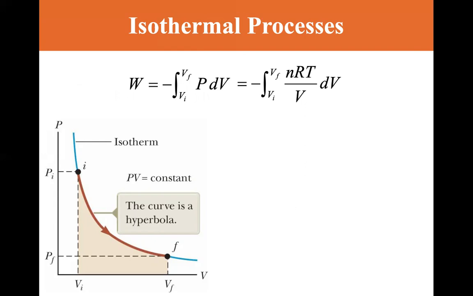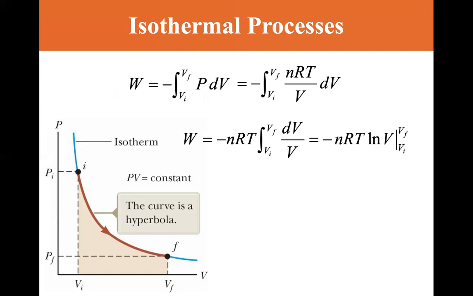Well, if nRT is constant, we can pull it out of the integral, and we end up with the work equal to minus nRT times the integral from initial volume to final volume of dV over V. If you look it up in your integral table, you'll see that this ends up with a natural log of V. So it equals negative nRT natural log of V evaluated from V initial to V final.